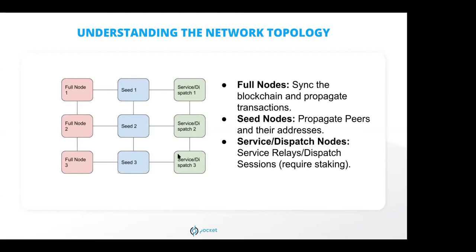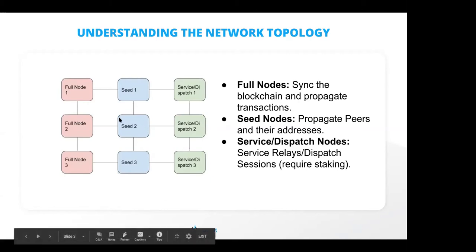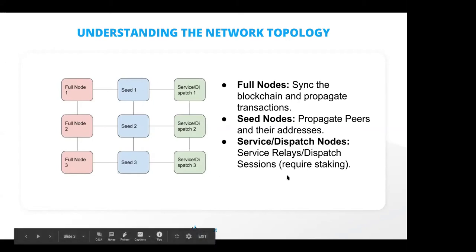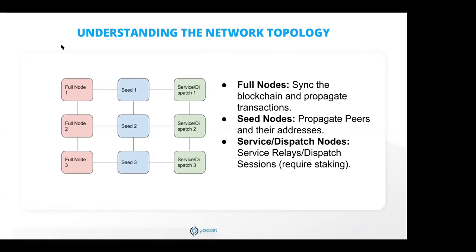Then you will have the seed nodes, which is another word for bootstrap node. Very similarly to how dispatchers show the application who their nodes are, the seeds are the ones that show nodes who the other nodes in the network are. Without these seed nodes, nodes will be isolated and wouldn't be able to form connections between each other, which is why in this diagram I've chosen to represent them in the middle.